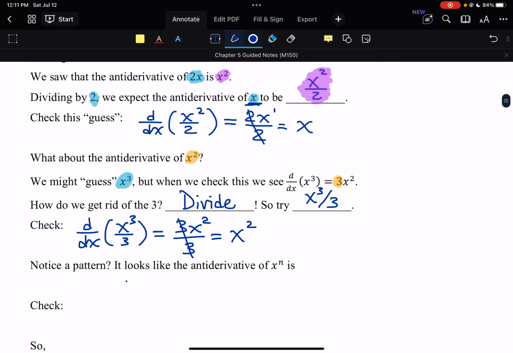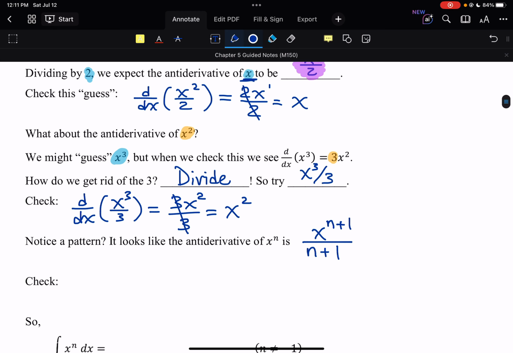So it looks like the antiderivative of x to the n is x to the n plus 1 over n plus 1. Right? This was x to the first, so that's x to the 1 plus 1 over 1 plus 1. This one, for x squared, x to the 2 plus 1 over 2 plus 1.